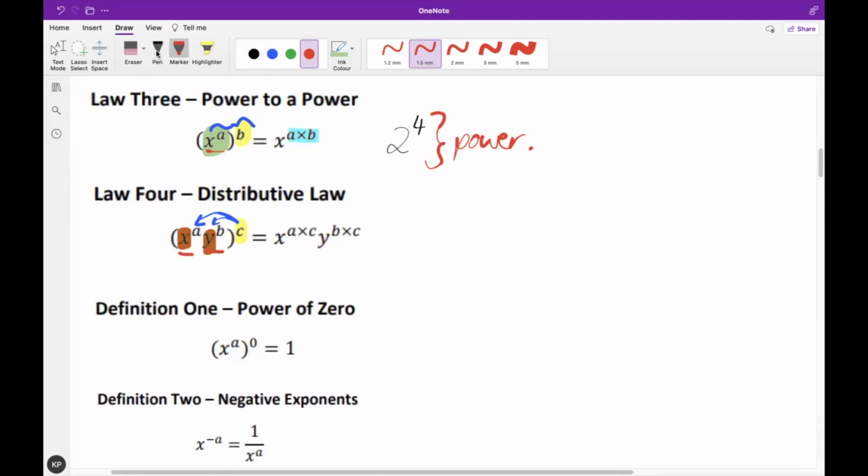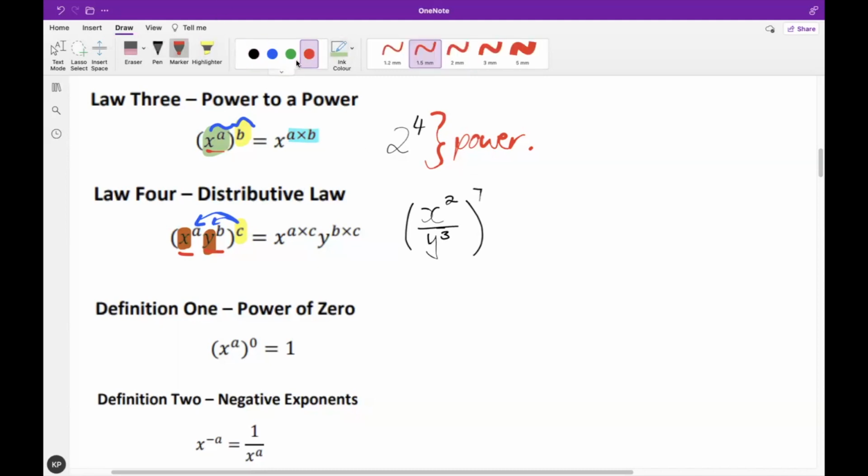Now, I need to remind you guys, okay? In this case, we have 2 bases that are multiplied, but if you have 2 bases that are divided, for instance, let's say I have x squared divided by y to the power of 3, and I'm raising all of this to the power of 7. This is also the distributive law.